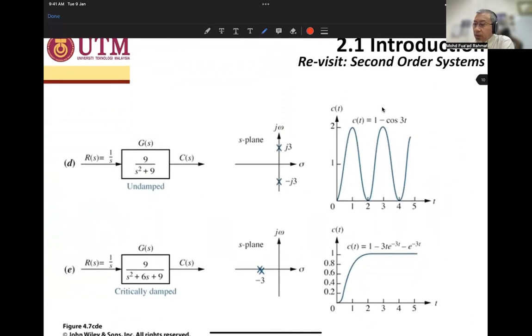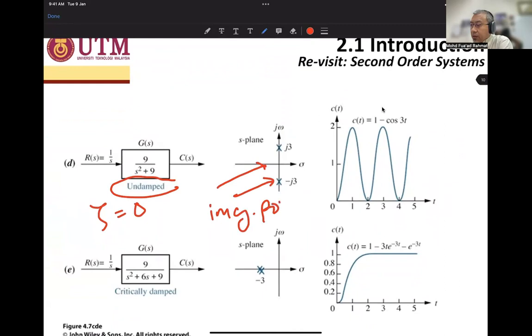The third type is the undamped. Undamped is when zeta, the damping ratio, is equal to 0, and the poles are imaginary, so no real part. The poles are located on the imaginary axis.